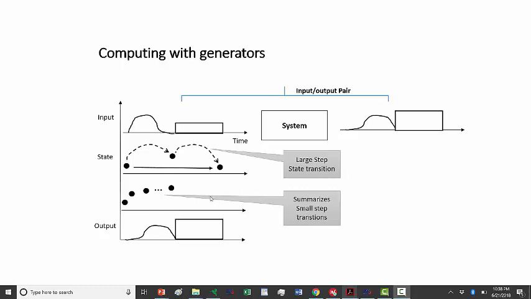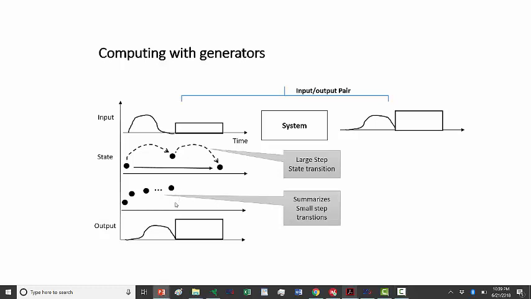What really happens here is that the system transition function summarizes the state trajectory that goes from the initial state to the final state. You can think of it as being originally computed in small step sizes, small state transitions. But for a generator, it's computed as a single jump from initial state to final state.